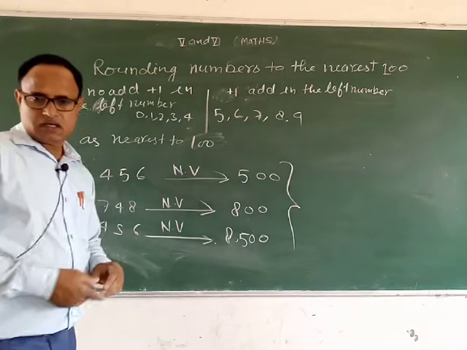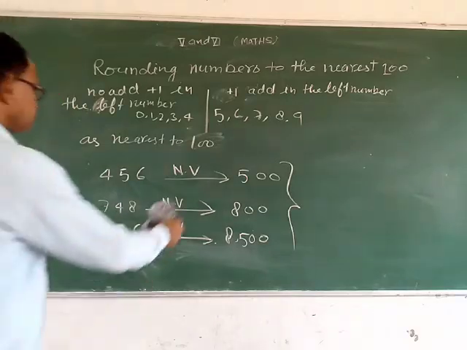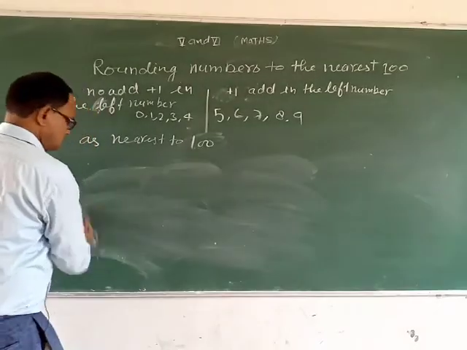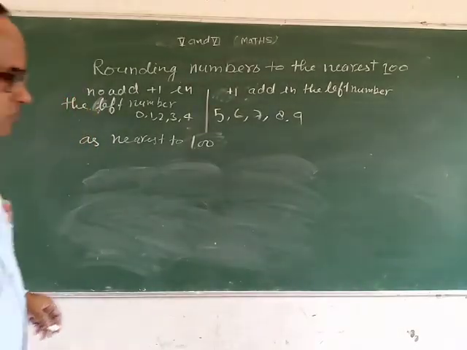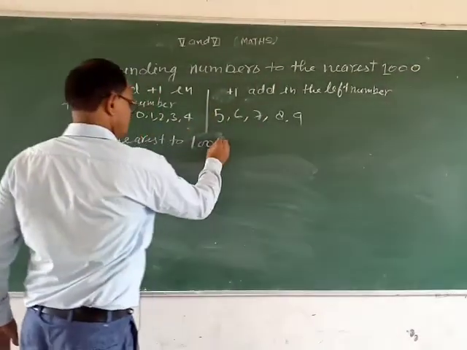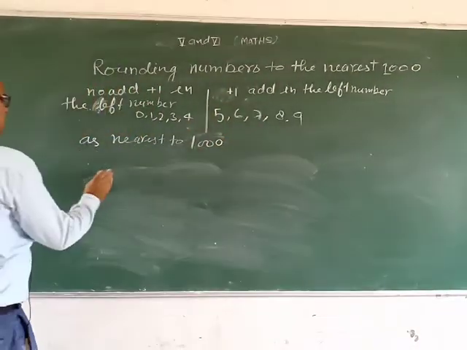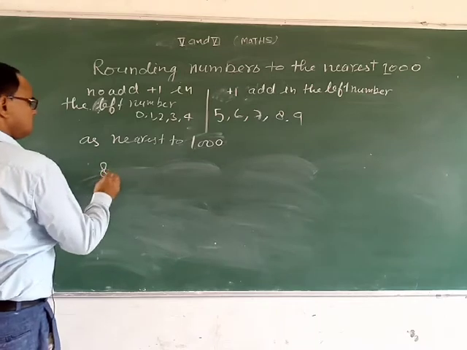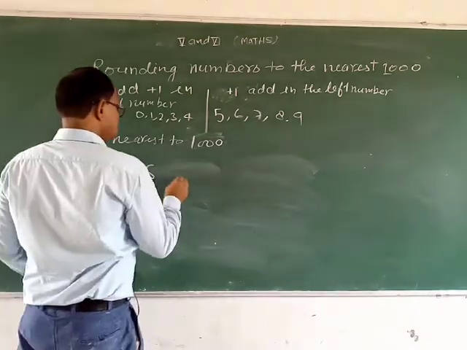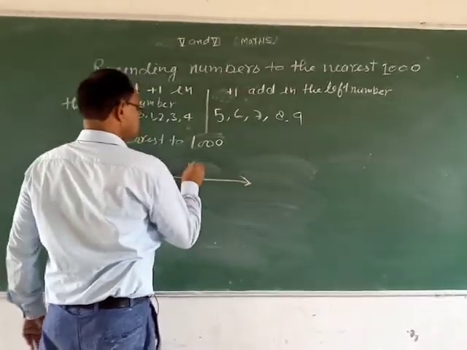Okay, student. After this, nearest value 1000. Nearest value 1000. Okay, here 8475. Its nearest value is.